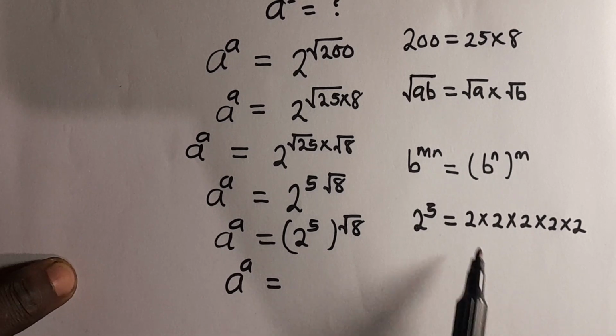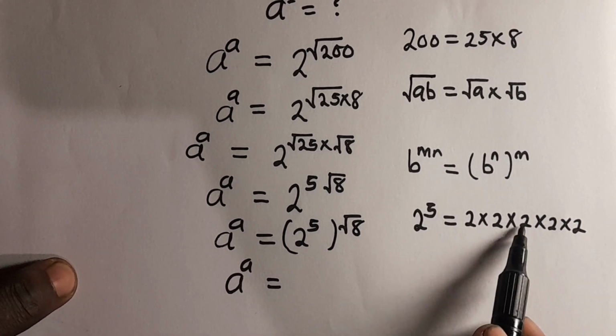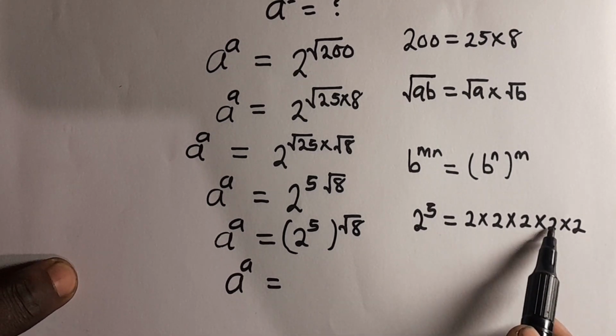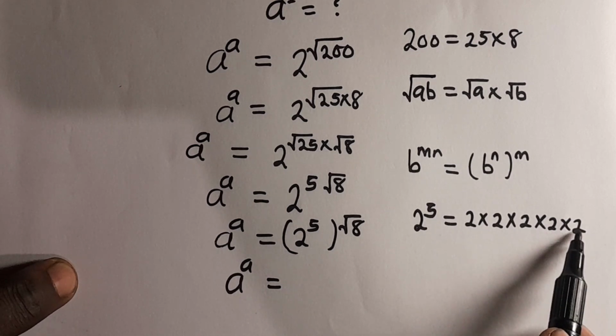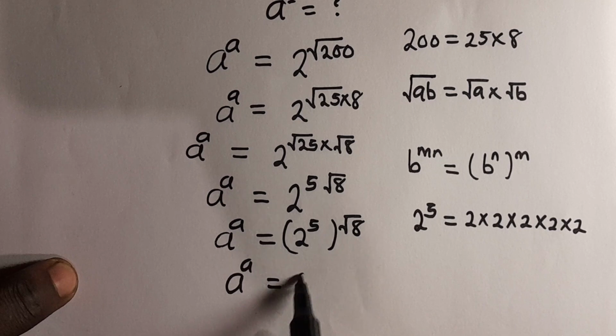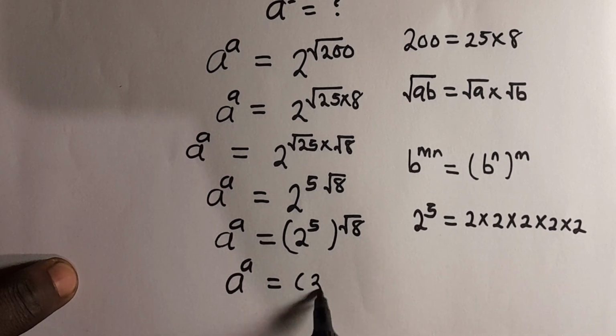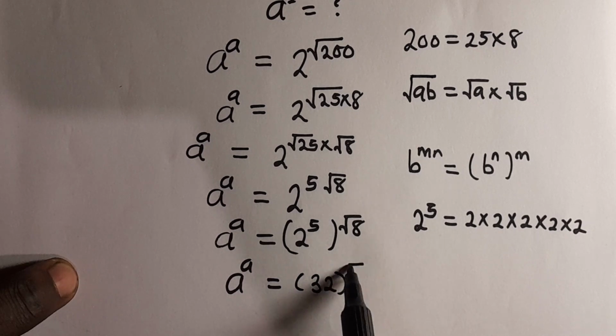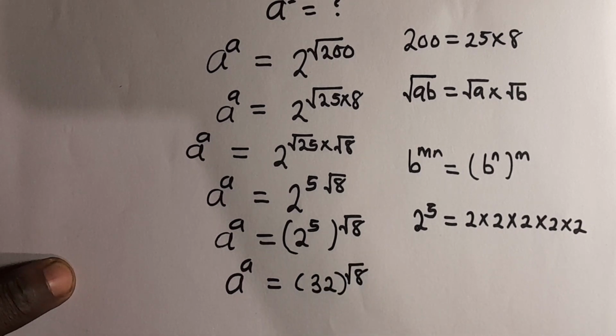So from here, 2 multiplied by 2 is 4, 4 multiplied by 2 is 8, 8 multiplied by 2 is 16, 16 multiplied by 2 is 32. So we are going to have it to be 32 raised to square root of 8.